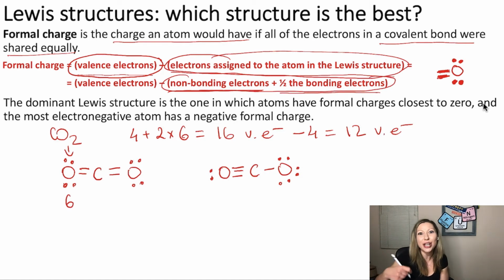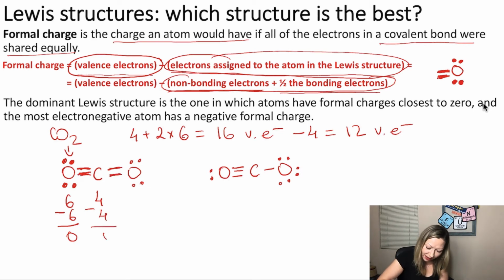So I just count the number of sticks and stones around this oxygen atom. 1, 2, 3, 4, 5, 6. So 6 minus 6 is going to equal 0. So 0 is the formal charge of that oxygen atom. Let's do the same thing for the carbon atom. So carbon has 4 valence electrons minus the number of sticks and stones. 1, 2, 3, 4, which is 0 again.